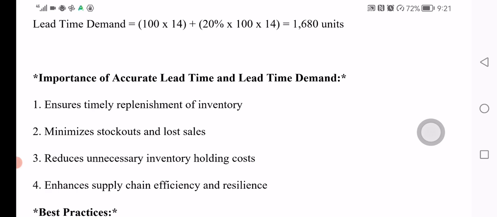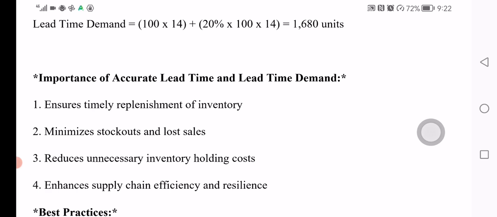Last is enhancing supply chain efficiency and resilience. How does it enhance supply chain efficiency? Efficiency means getting the most from the least amount of input. When you have enough stock, you can easily fulfill customer demand. And how is supply chain resilience achieved?